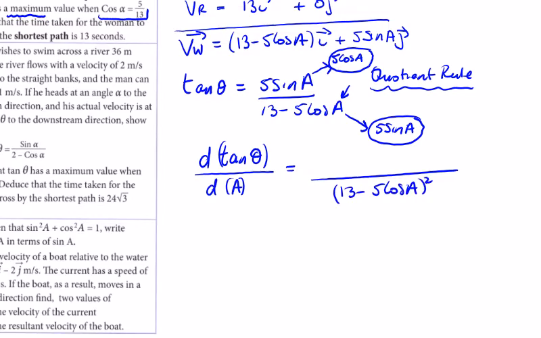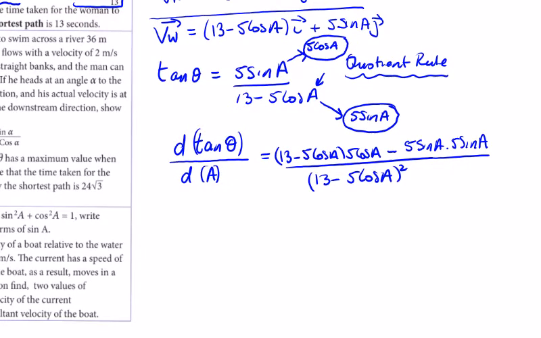Because we're going to let this equal 0, it's always the top that's going to be 0, so you don't have to simplify the bottom. Just be careful when you're starting here: it's the bottom by the top differentiated, 13 minus 5 cos alpha by 5 cos alpha, minus the top, 5 sine alpha, by the bottom differentiated, which is also 5 sine alpha.